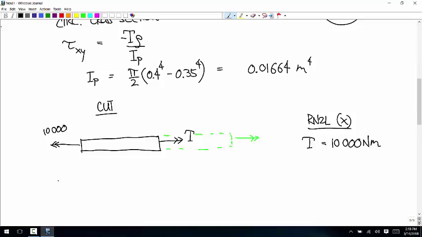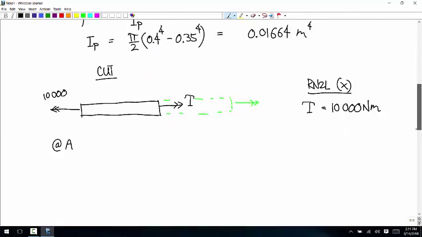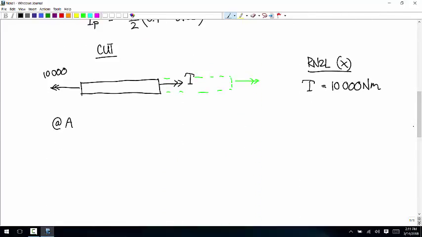At A, the point A in the cross section, so that's at the outer wall, rho is equal to the outer radius. Okay, that makes sense. So rho is equal to 0.4.